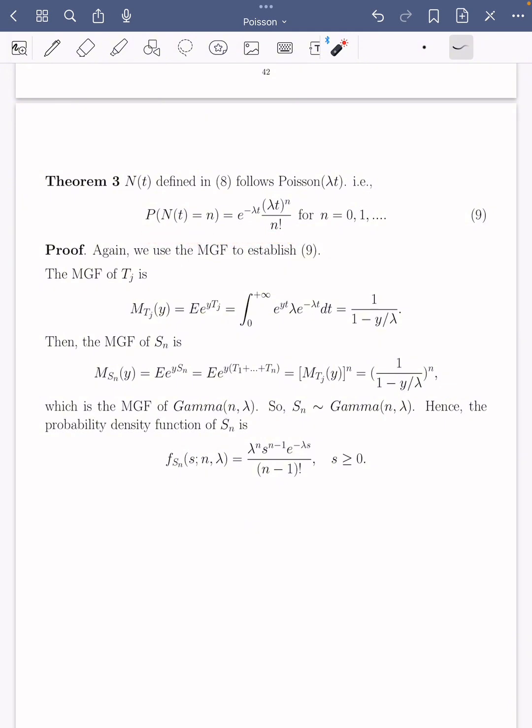Again, we want to use the moment generating function to establish this equation. So the moment generating function for each T_j is just that of the exponential distribution, so it's given by this equation. We get this result equal to 1 over 1 minus y over lambda.